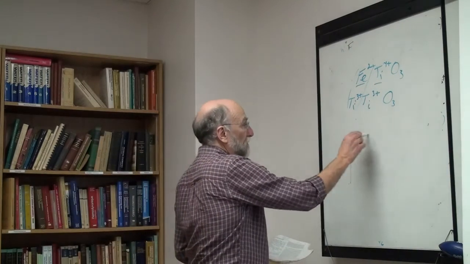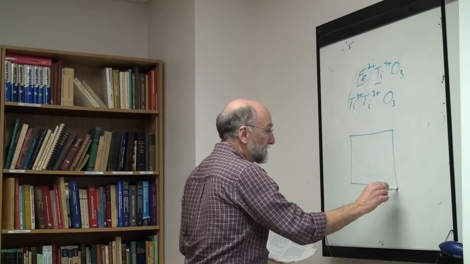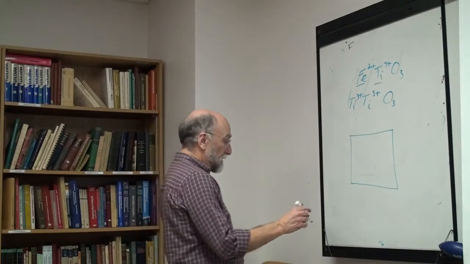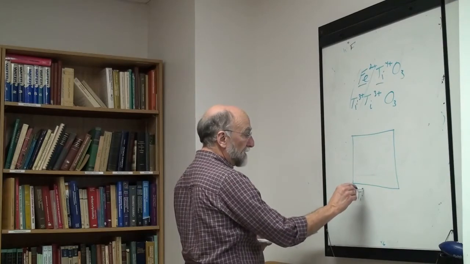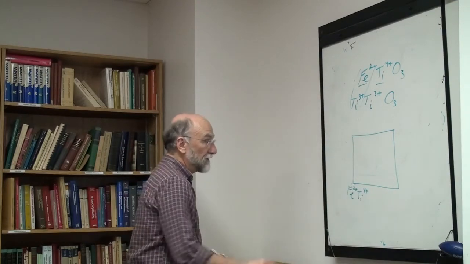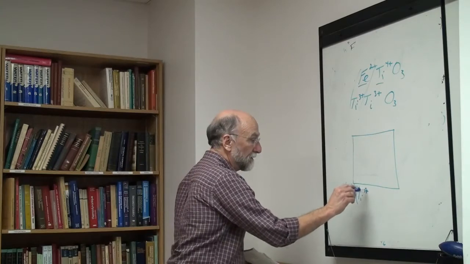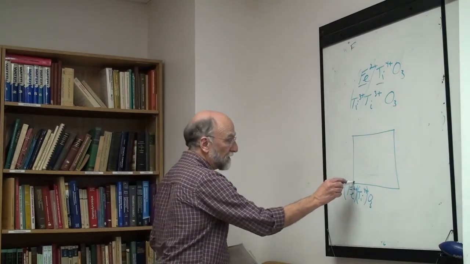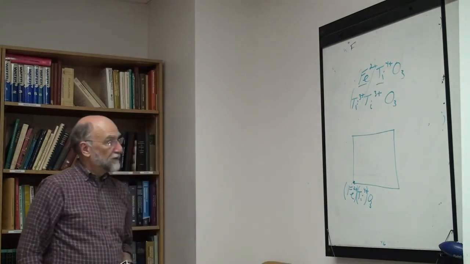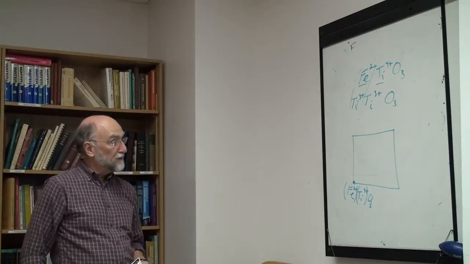So we can do the compound energy formalism like this. Down here we have Fe2+ Ti4+ on our two sublattices, and I want to add O3 to that. So this corner down here is stoichiometric ilmenite, FeTiO3.